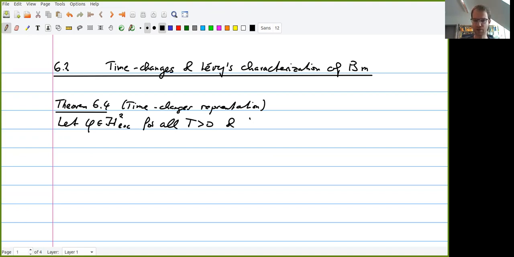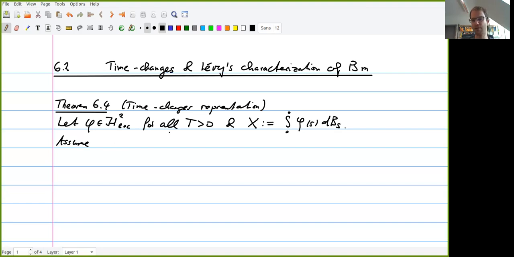And now we want to consider a local martingale x, which is given as an Ito integral of phi with respect to a Brownian motion.